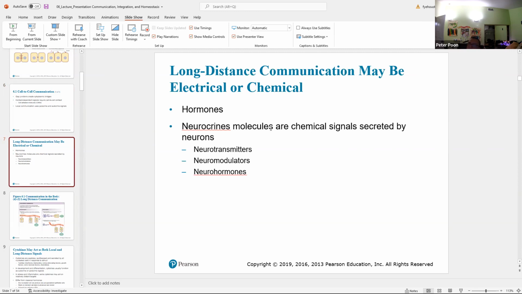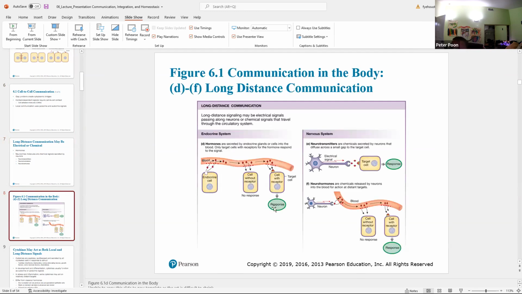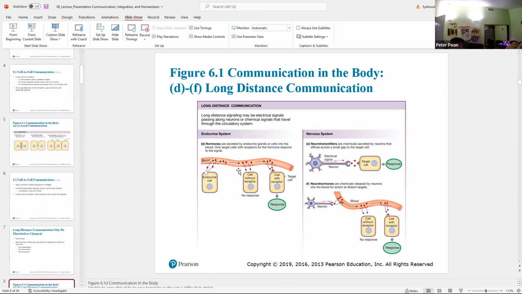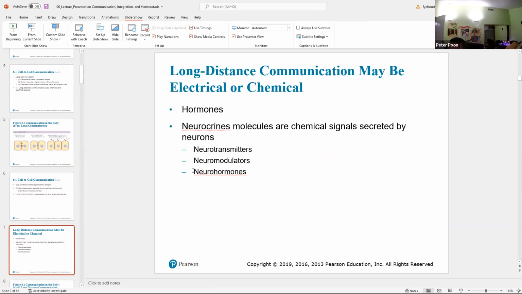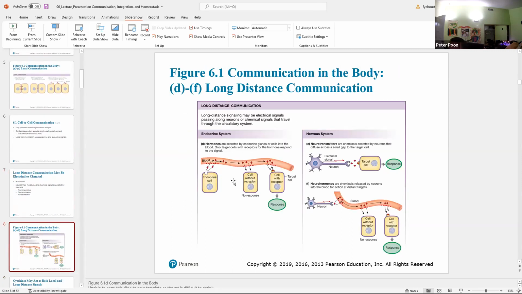For longer distances, you need either hormones or neurotransmitters, neuromodulators, etc. Long distance signaling is the endocrine system, and then the nervous system, with neurotransmitters and neural hormones.